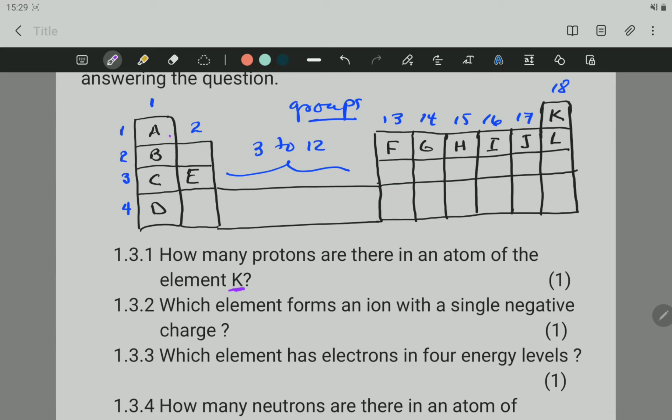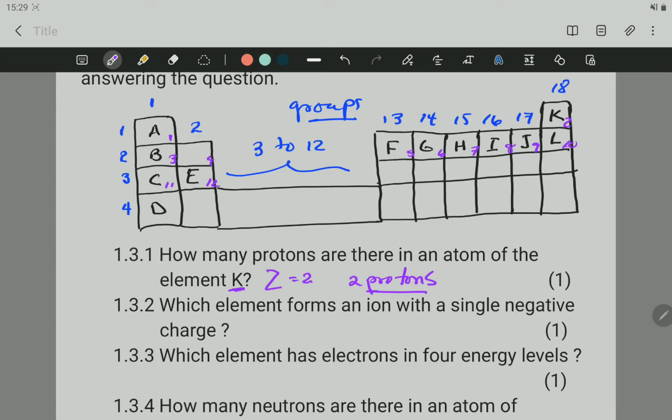So, this one will have atomic number 1, and this one will be atomic number 2, 3, 4, 5, 6, 7, 8, 9, 10, 11, 12, and so on. Those are the atomic numbers. So the atomic number, which is Z, is equal to 2, so that element has 2 protons.